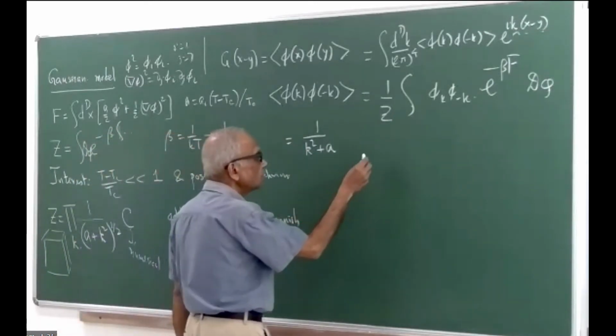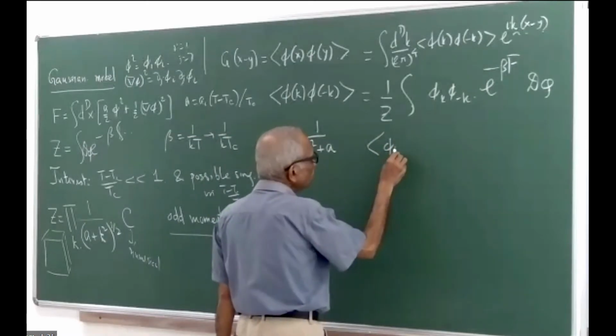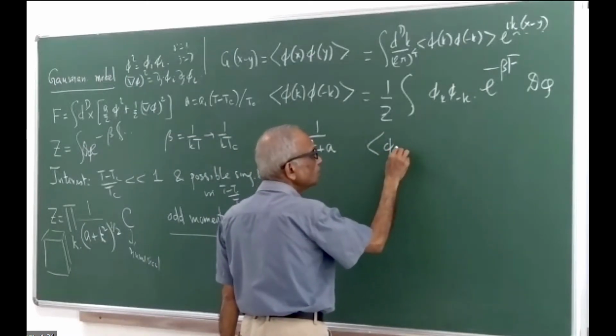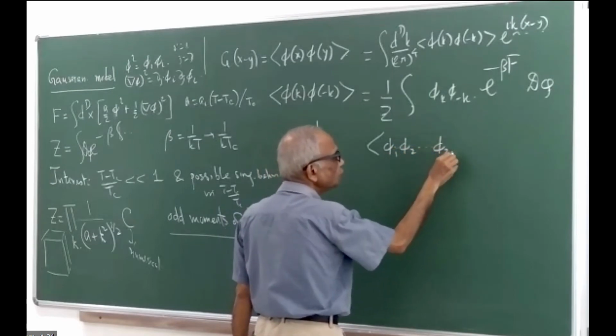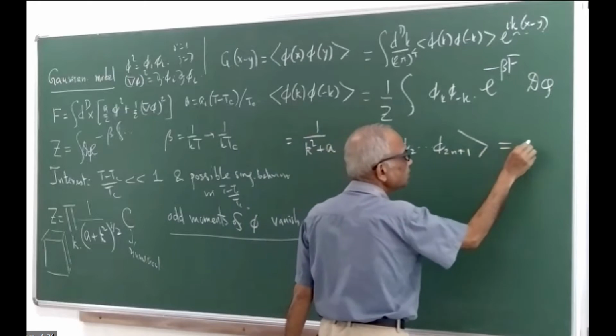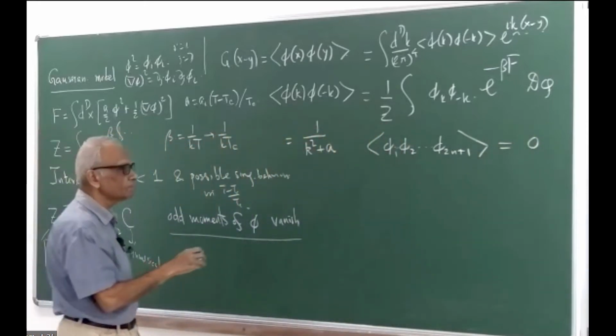Now, the string of phi's one would need in general: phi1, phi2 up to phi 2n plus 1 is equal to 0. All odd strings vanish.